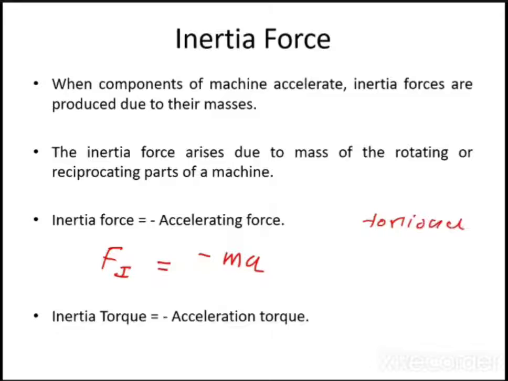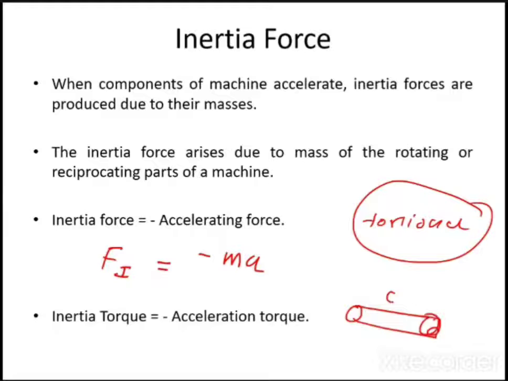This is a linear condition, but when you are talking about a torsional system, let us say there is a shaft, let us say this is a crankshaft. When this crankshaft is rotating, Mt is nothing but a torsional torque which is acting on the crankshaft or the shaft. This is called a torsional system. So in a torsional system, instead of inertia force, we will have a torque. Torque will be minus the acceleration torque.